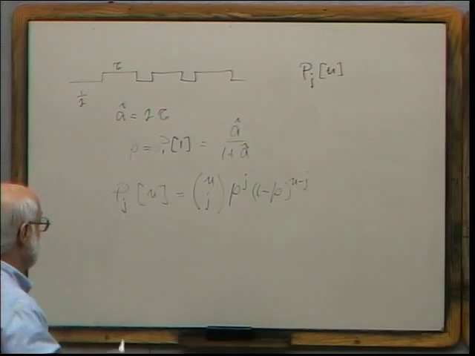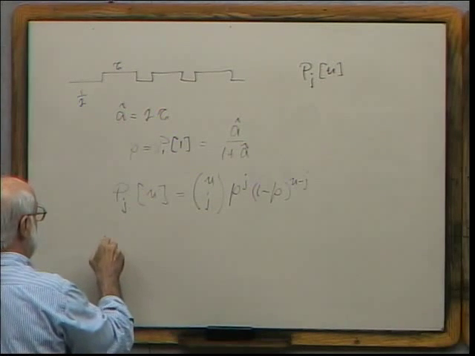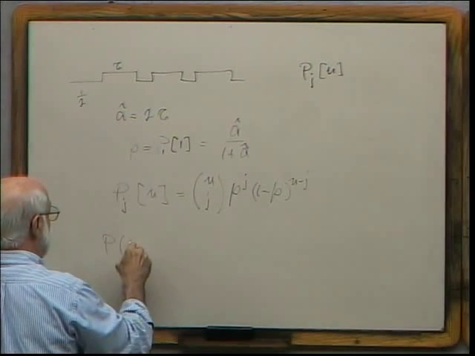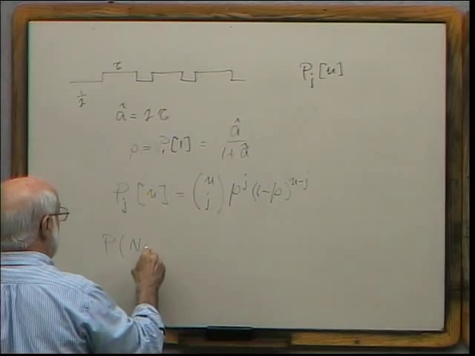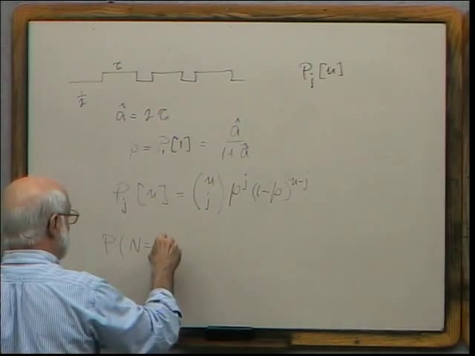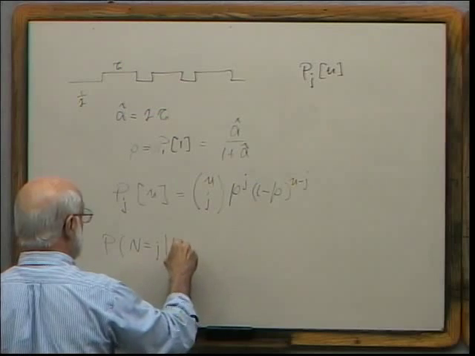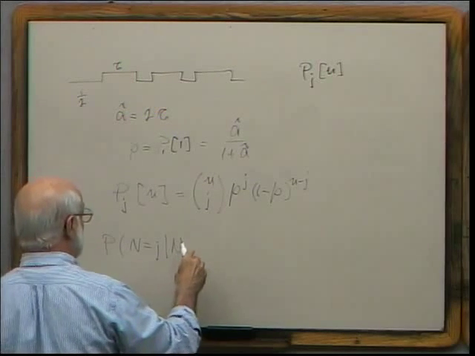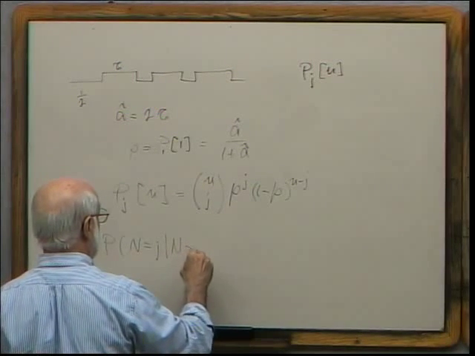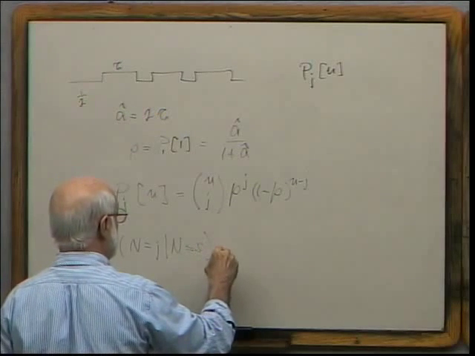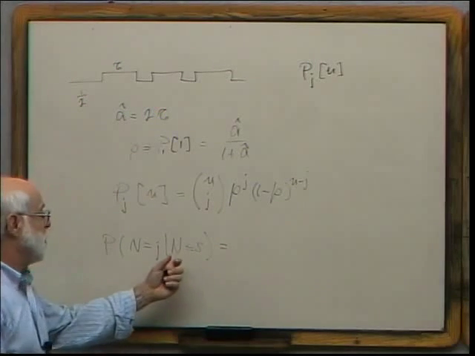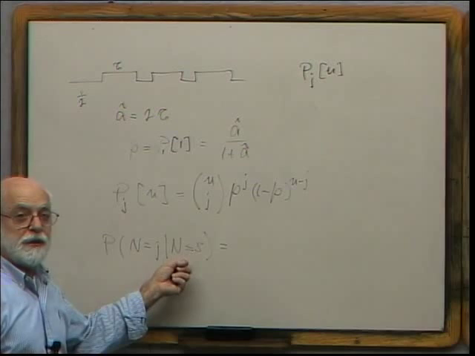So let me write it like this. What's the probability that the number of busy sources is j if I know that that number is less than or equal to s? Because s is the number of servers, and so of course the number of busy sources can't exceed the number of servers.